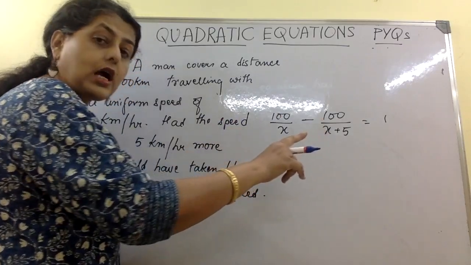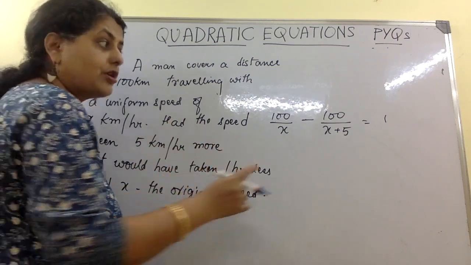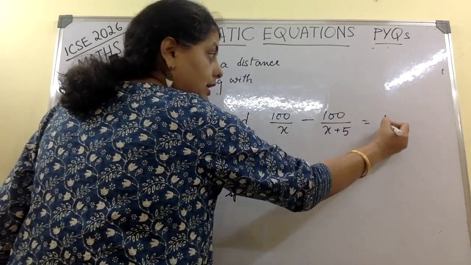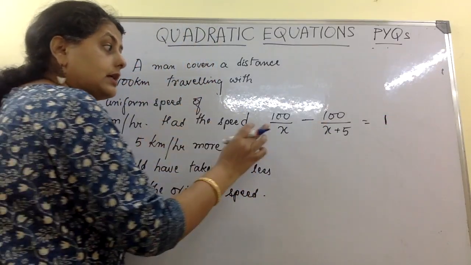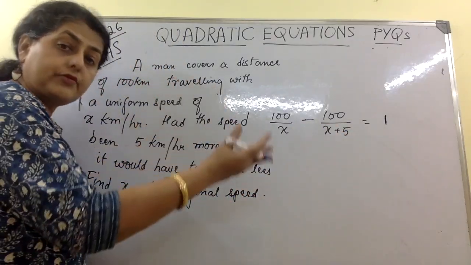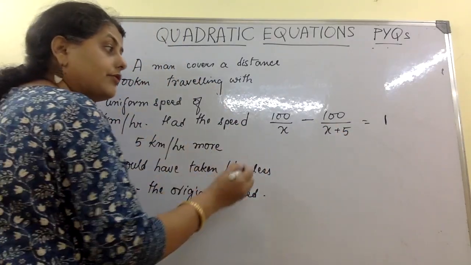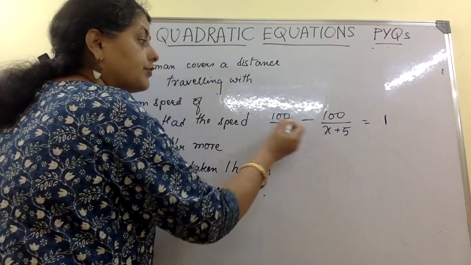So just put it after the minus sign. Do it by that logic, because as long as this 1 hour is positive, you don't have a negative number there, so this should be bigger and this smaller. Now, second tip for doing this sum: I have seen children who would write 100x plus 500 and all.